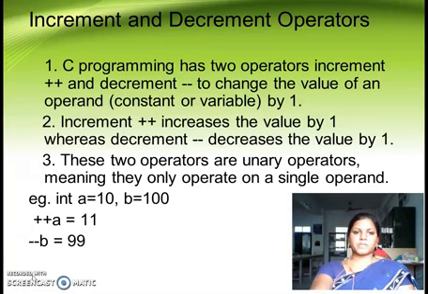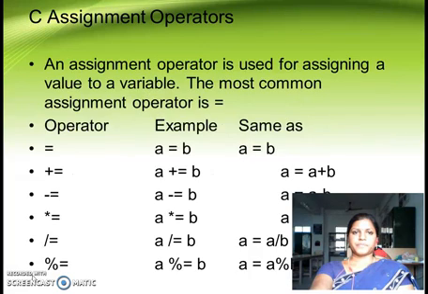For example, suppose A is equal to 10 and B is equal to 100. If I write plus plus A, it is a pre-increment, so the value becomes 11. Minus minus B means we decrement, so it becomes 99. The assignment operator is used for assigning a value to a variable.